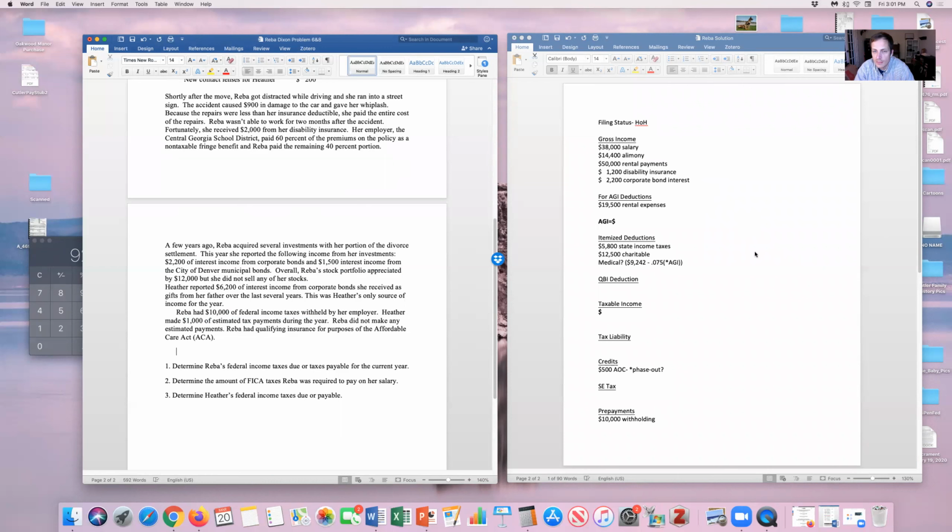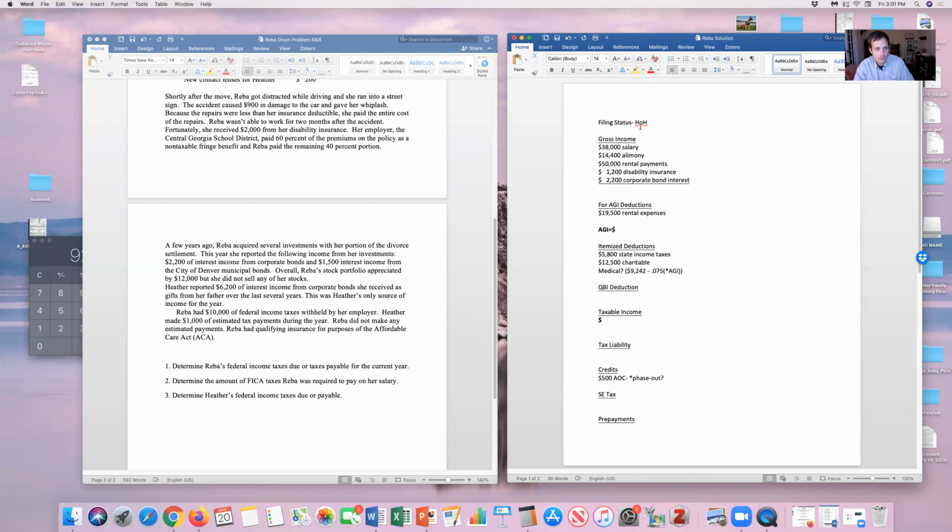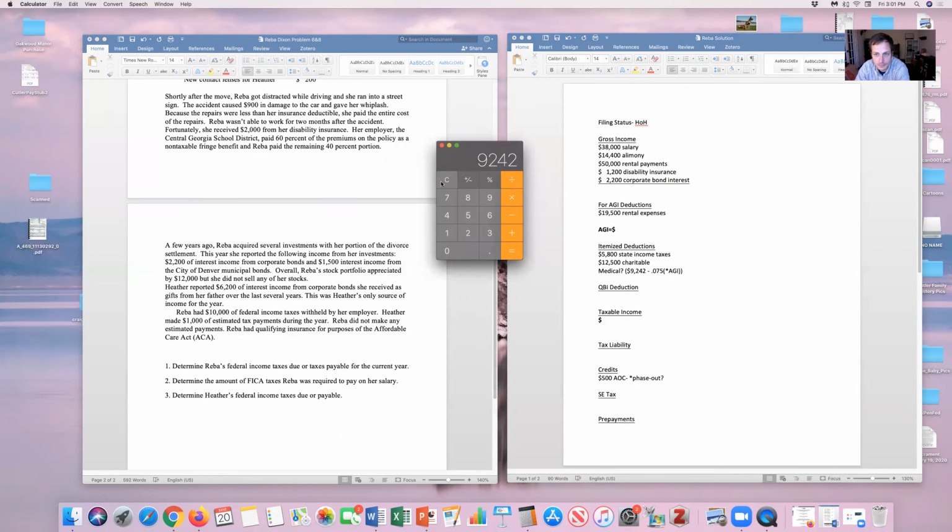If we add up all of her gross income, it looks like we should get $38,000 plus 105,800 gross income.